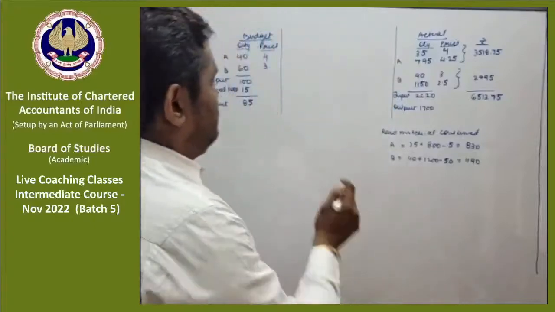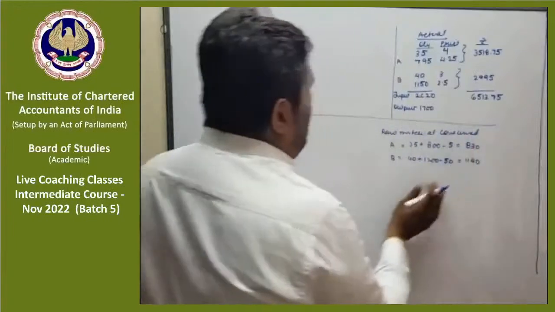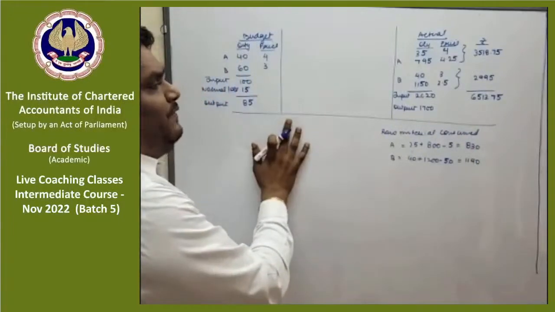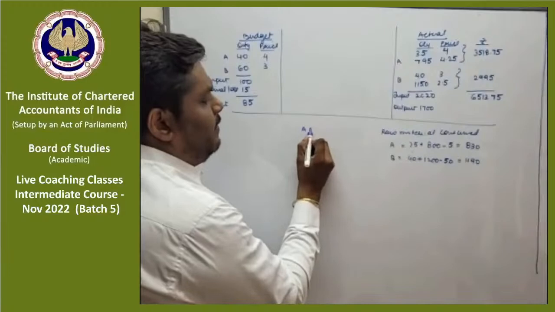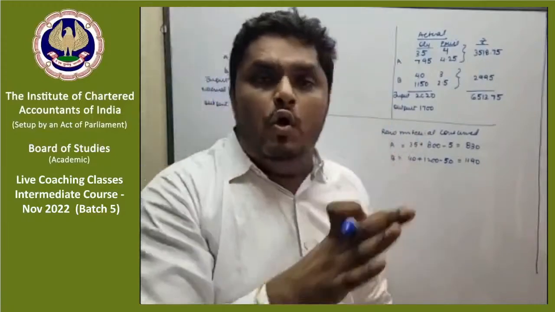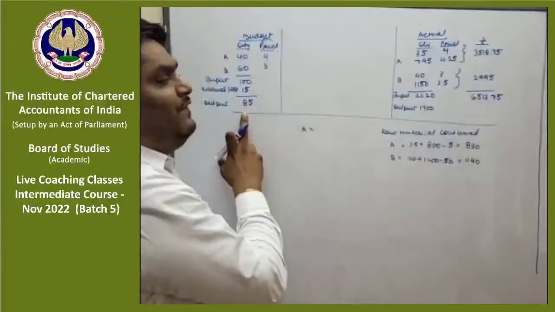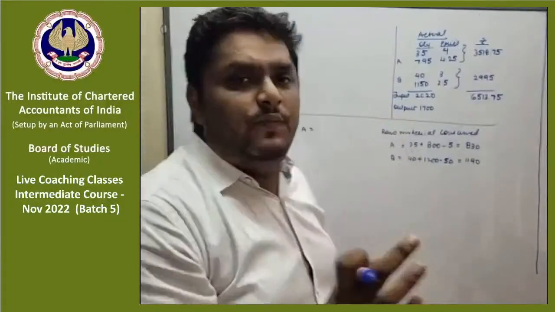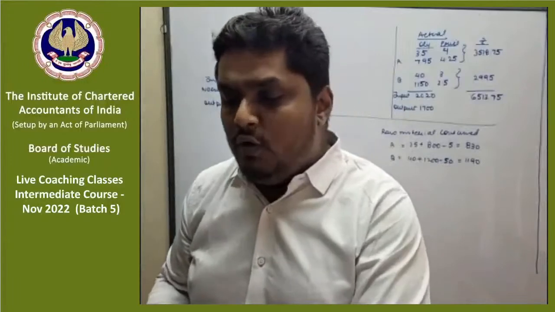So now we'll calculate the standard quantity first. For A, my point, are these two figures comparable? No, because this data is for 85 units of output and this data is for 1700 units of output.